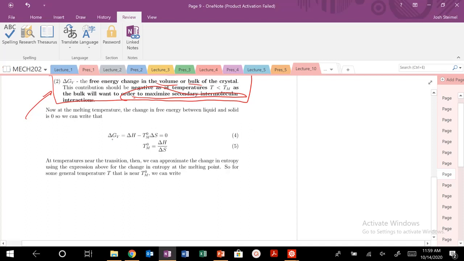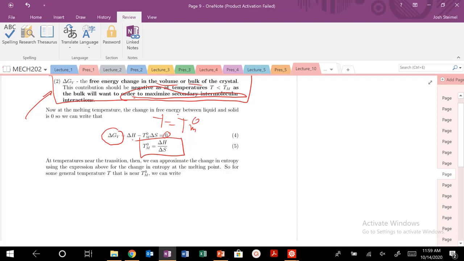The change in free energy in the volume, the bulk of our crystal, when we're right at the melting temperature, when T is equal to Tm naught, that change is 0. So we can rearrange this equation, and we have this expression for Tm naught, our perfect crystal melting temperature, as a function of the change in enthalpy over the change in entropy.